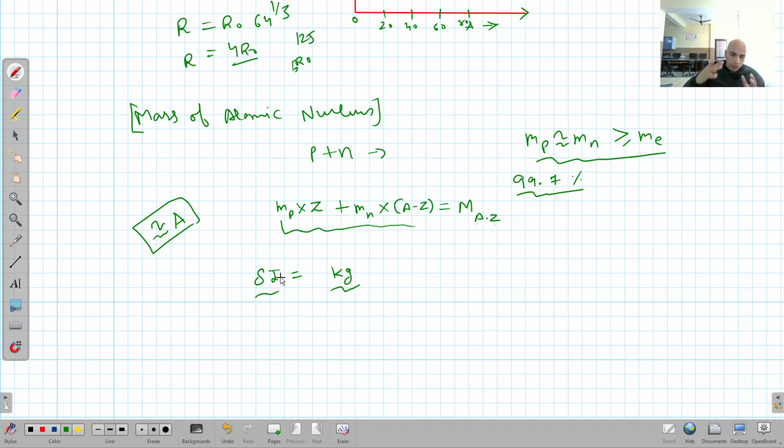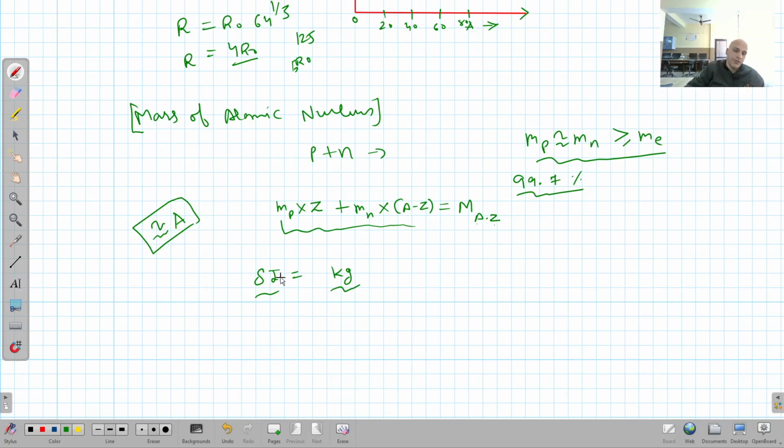When we go to the atomic dimensions, the nucleus, then this kilogram unit has no significance. It becomes a very big unit.